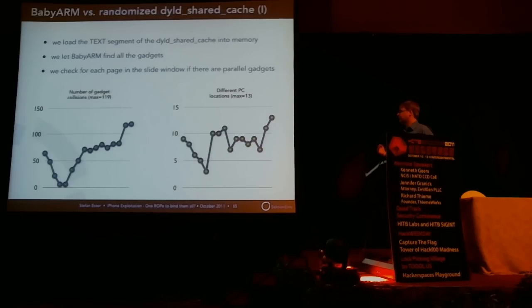But the problem is, while it's 119, which would be very nice, like 4,200 by 119 is a far better chance than for the dynamic linker, when you look at the different program counter locations that are taken, in the very best cases, only 30 of these 119 are different program counters.